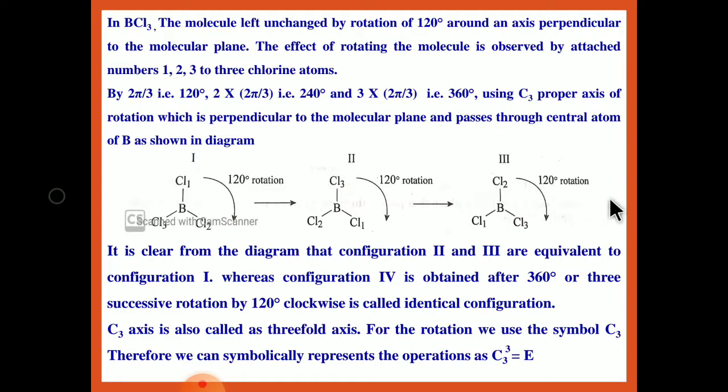So the fourth configuration is identical with the first orientation of the BCl3 molecule. The C3 axis is also called a threefold axis. For the rotation, we use the symbol C3. Therefore, we can symbolically represent the operation as C3³ equals identity E.